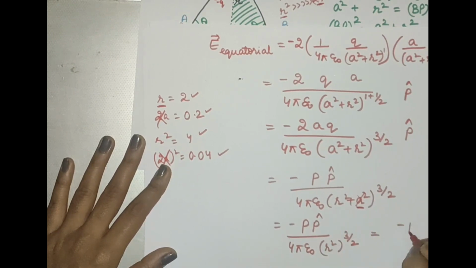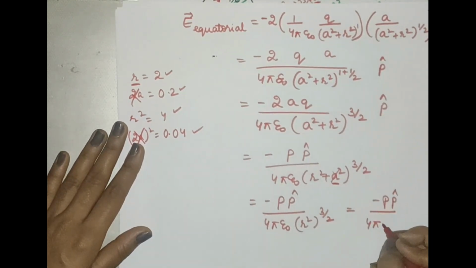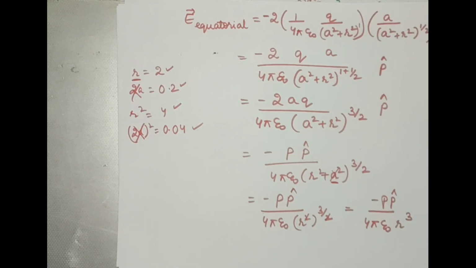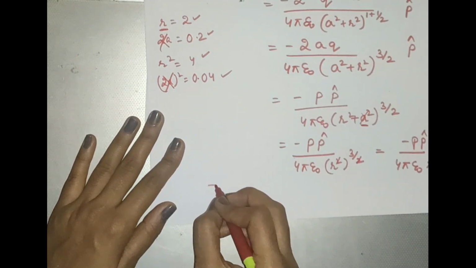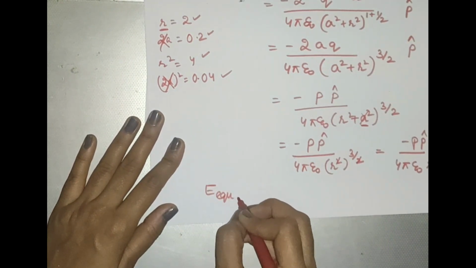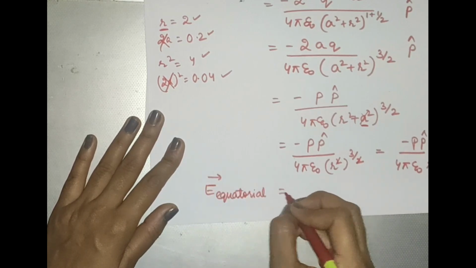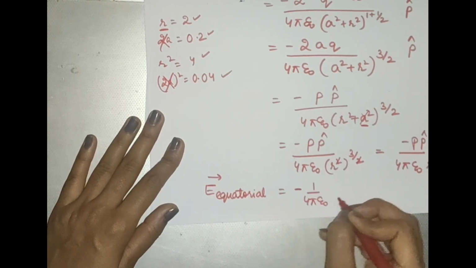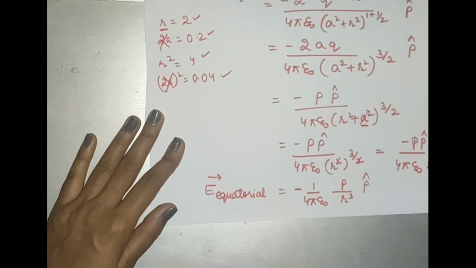So I get minus p cap upon 4 pi epsilon naught r cube, since this square and this power cancel. So the final expression which I get is, for any point on the equatorial axis or equatorial line of a dipole, my net electric field would be minus 1 upon 4 pi epsilon naught p upon r cube p vector.